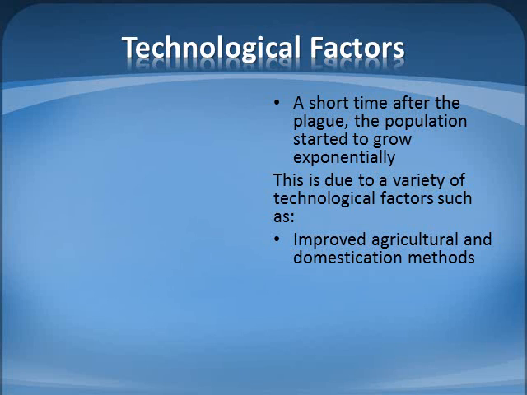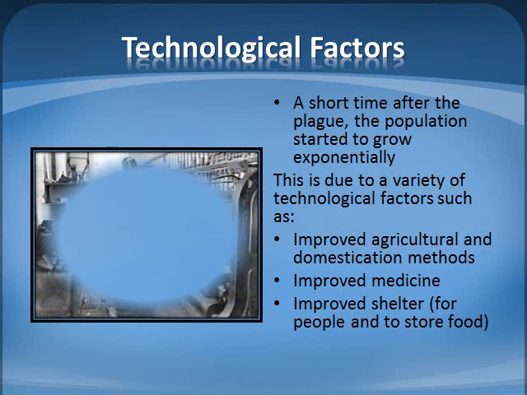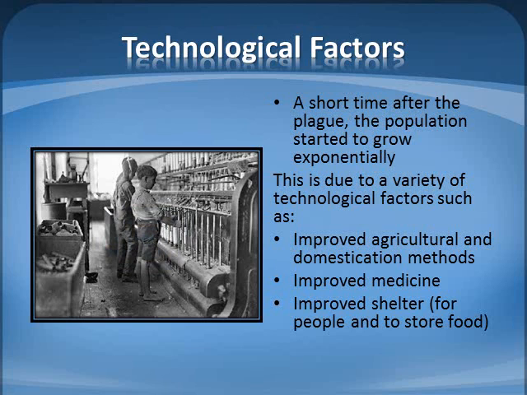So we had some time to look at things like improving our agricultural methods. We improved our medicine, so people were surviving better. We could combat some of the diseases that were out there. And we got better at storing our food over winter, keeping the critters out of the food, which led to a much more conducive lifestyle for people.